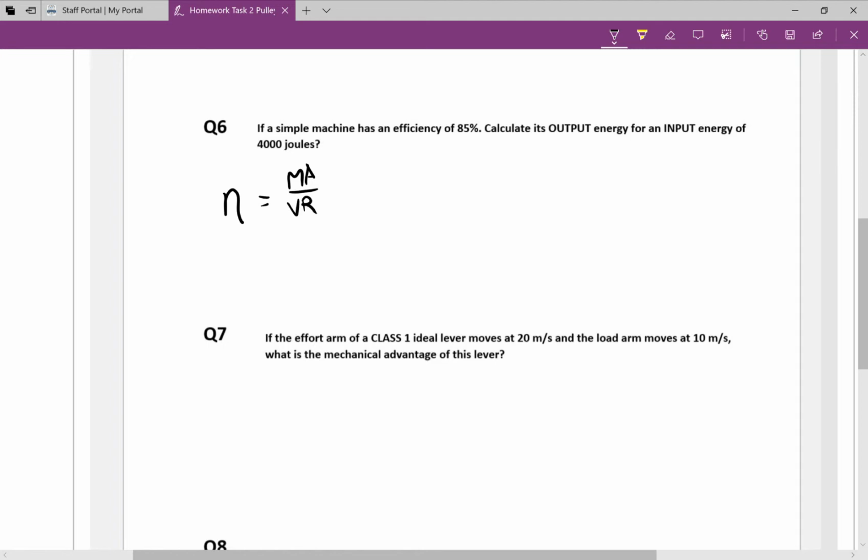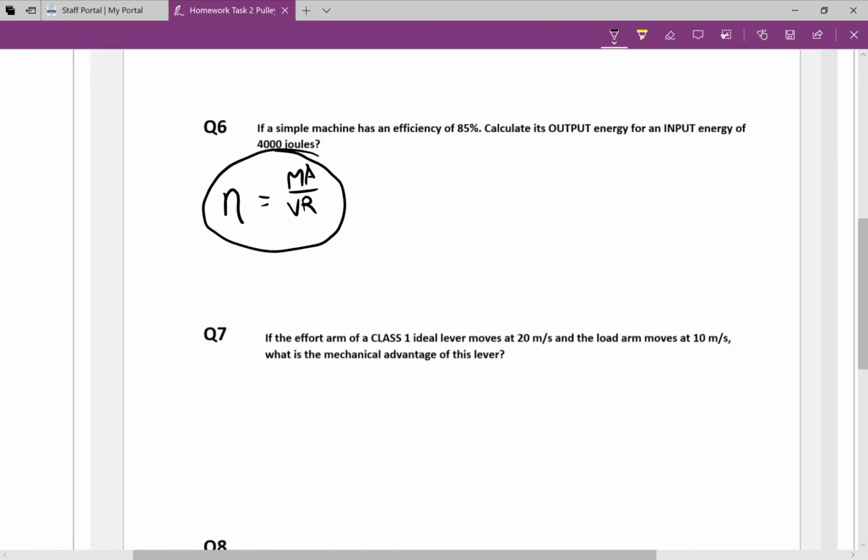And we've done the derivation of that equation in class, and we got to that particular equation by looking at the actual definition, which is energy out over energy in.